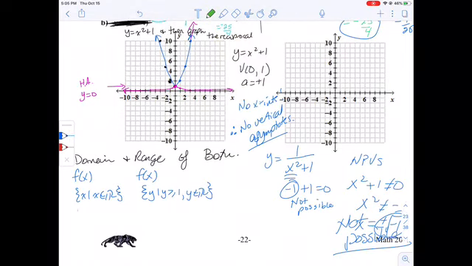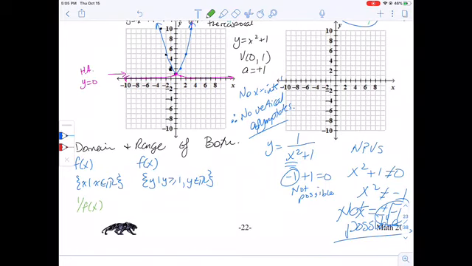For my reciprocal function, 1/f of x, my domain is still the set of all x such that x is all reals. Of course, our domain will never change, right? Our inputs aren't changing, it's just the y values. And our range for y equals 1/f of x is the set of all y's such that my highest y value is 1.